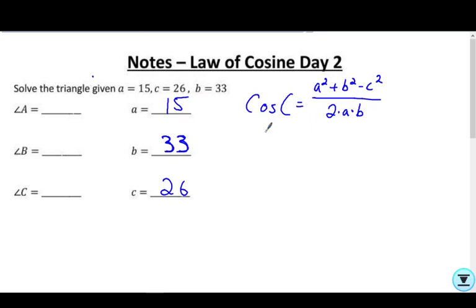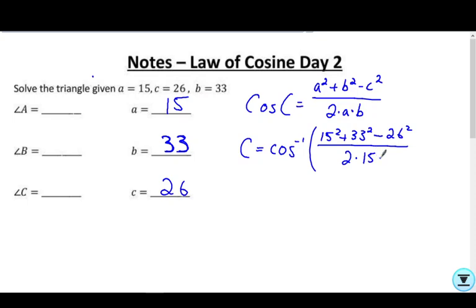So angle C is going to be equal to cosine inverse of, and you plug in A, which is 15 squared plus 33 squared minus 26 squared, over 2 times 15 times 33. Because we're looking for an angle, we have to use the inverse cosine. We're going to let the calculator do the heavy lifting for us.